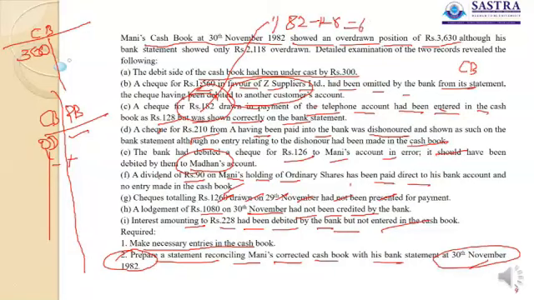What is the balance? 54. So 182 and 128, 54 rupees is the difference. 128 has happened in both the books, entered in both the books. So the 54 rupees drawn in payment of the telephone account had been entered in the cash book, meaning the cash book excessively entered.